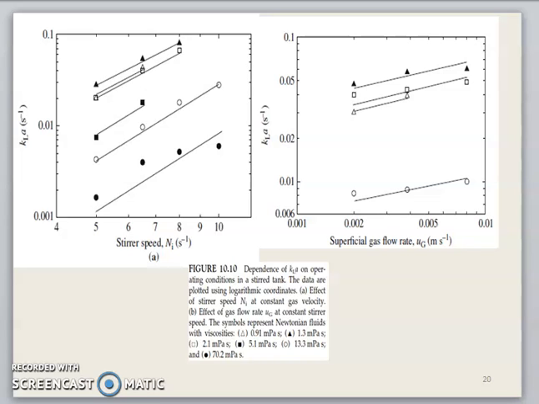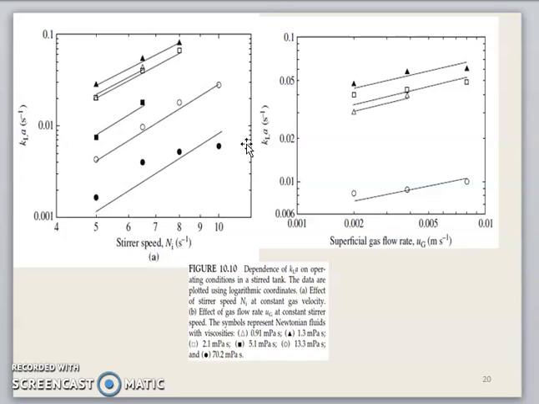The symbols represent fluid at different viscosities. The black dot symbols represent the fluid with higher viscosity.